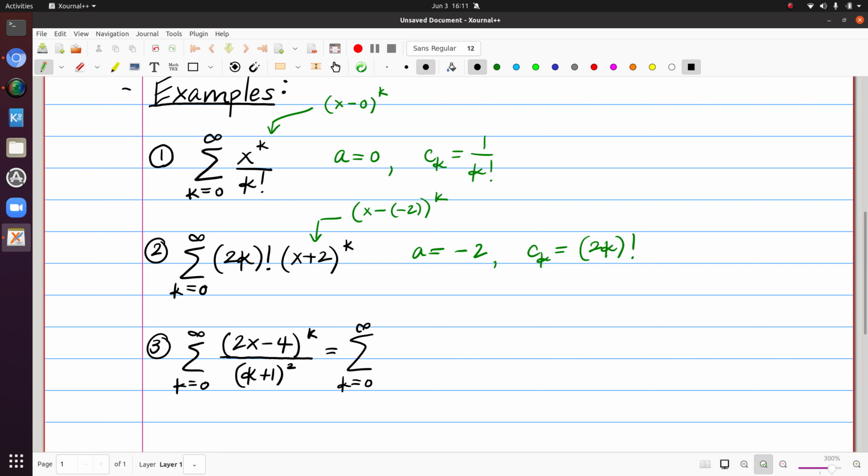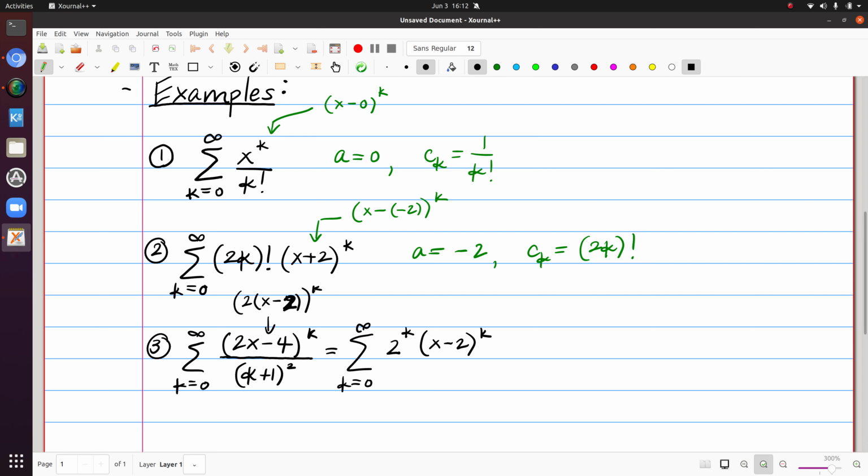So first of all, observe that 2x minus 4, we could write that as 2 times the quantity x minus 2. And so in this instance, if I wanted to write this so that I had an x minus a to the k, what I could do is pull that 2 to the k out front.